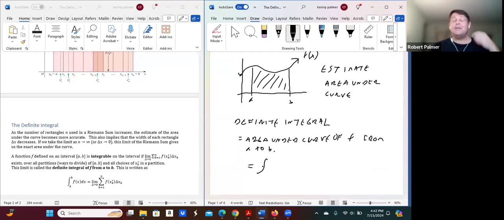And you may have seen indefinite integrals when we talk about antiderivatives, and they are related to this. But there are no bounds in there. Here we have the bounds. So from A to B, this is where we put the bounds of our interval, of our function f of x.